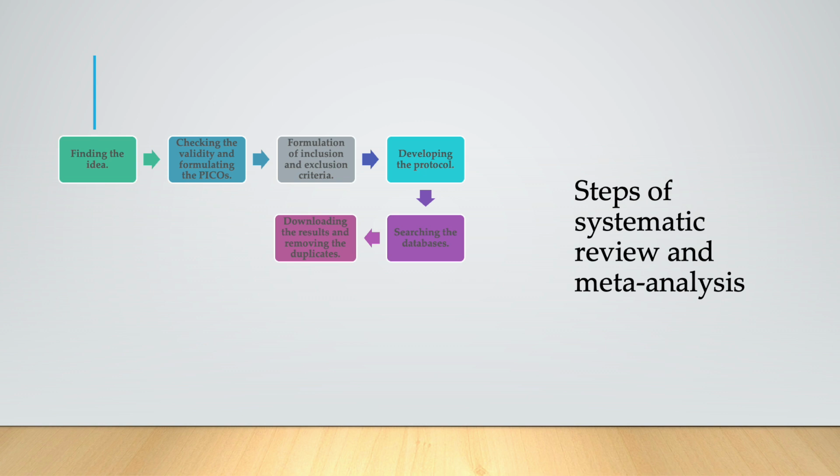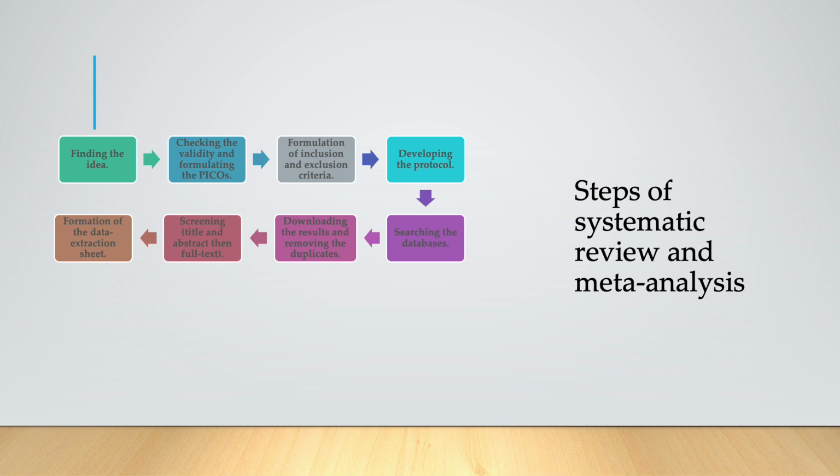We have 2 steps in screening. First step, title and abstract screening, and this should be done by at least 2 independent reviewers, with blinding between the 2 independent reviewers. Then after that we conduct the second step of screening. It's called full text screening.